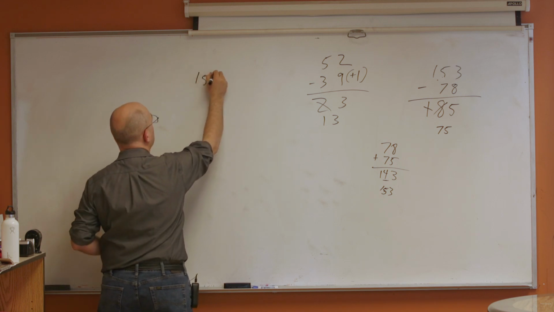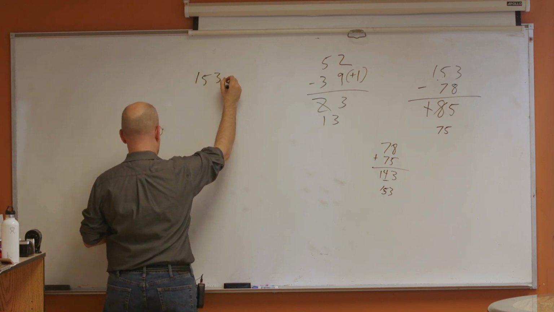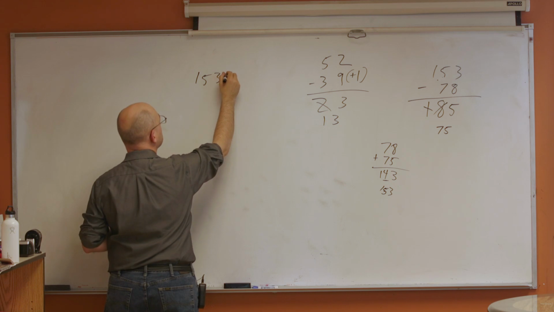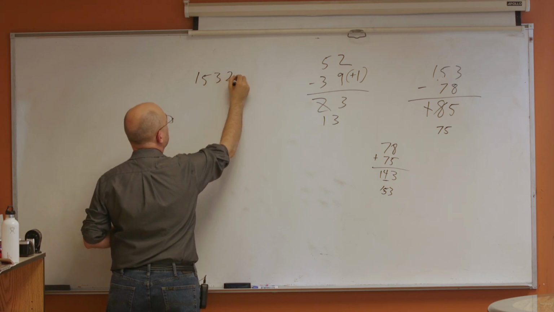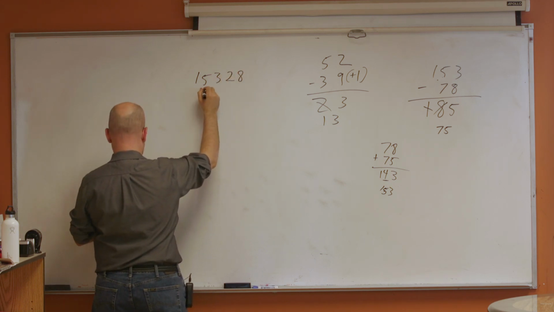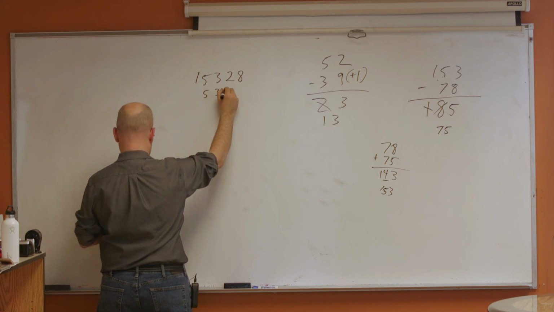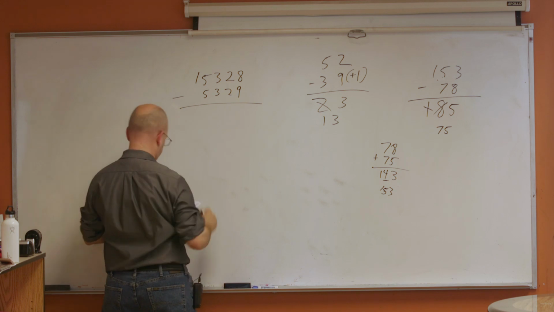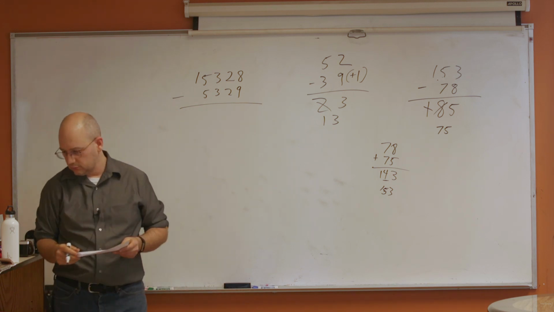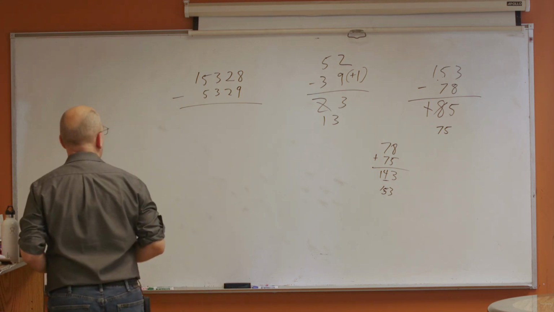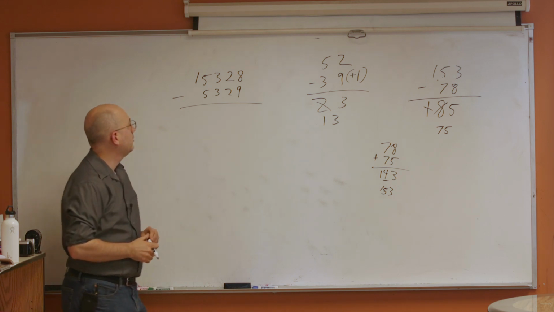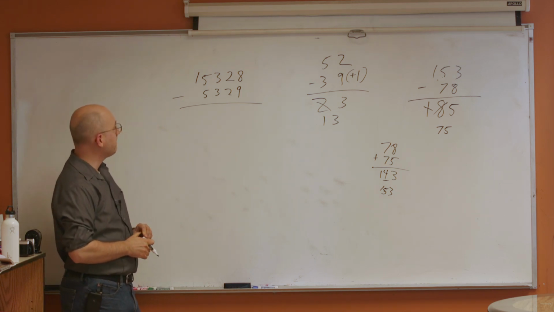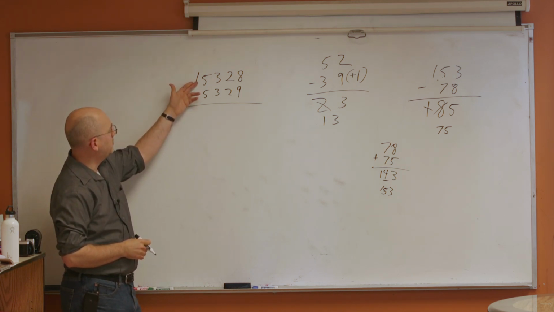Let's try 2, 3, 8, and then all right. So let's try this one out. So this is 15,328 minus 5,329.